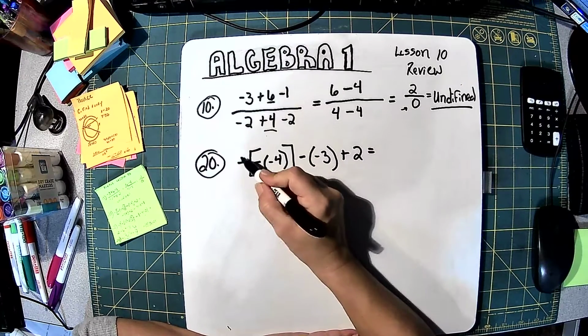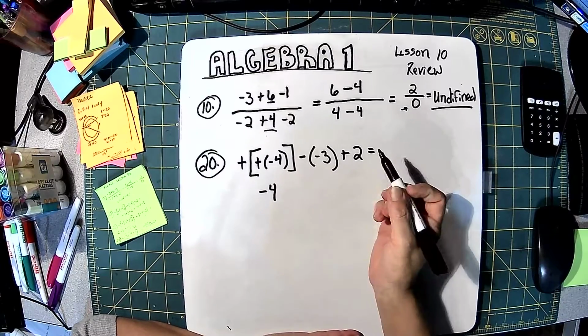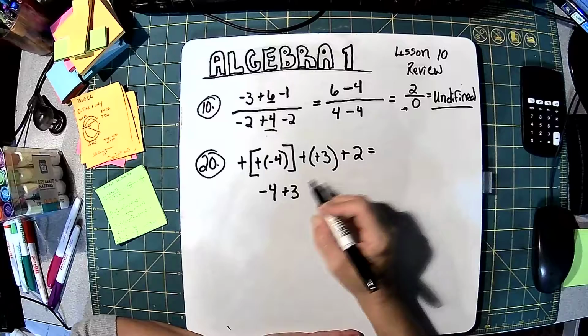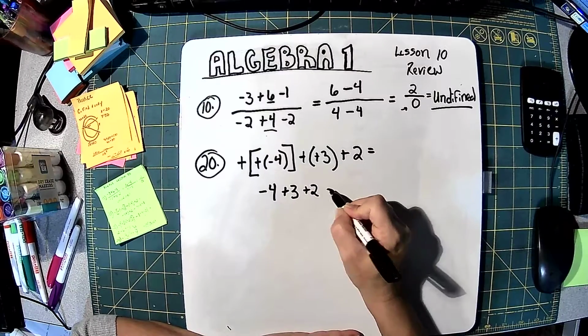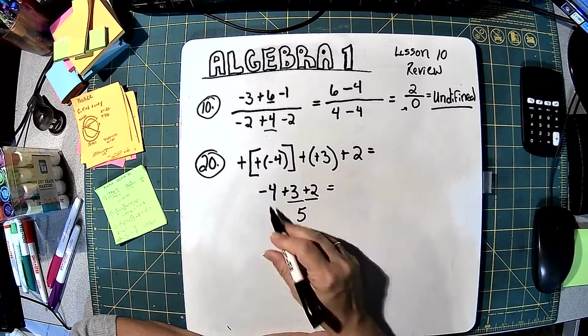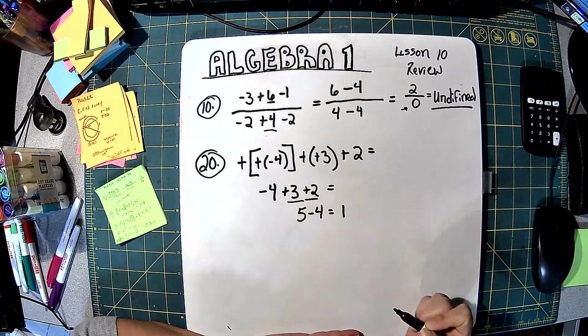So we know negatives and negatives cancel each other. So this one turns out to be negative 4. And then these two negatives cancel, so we have positive 3. And then we just bring down that positive 2. Now if we put our positives together, we're going to get 5. And here's our negative 4. And the answer to that one is 1. 5 minus 4 is 1.